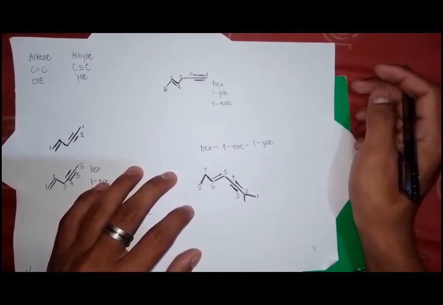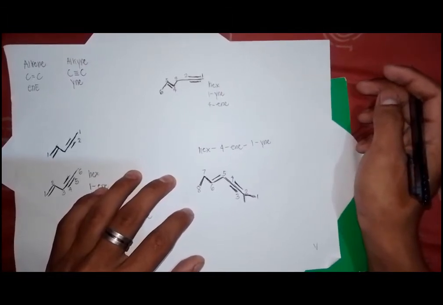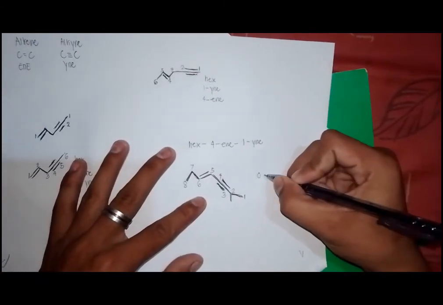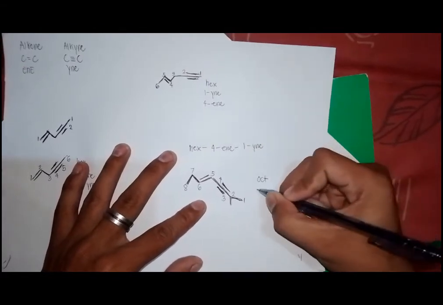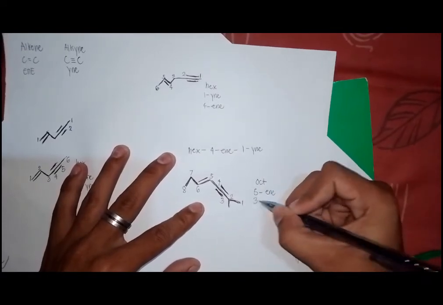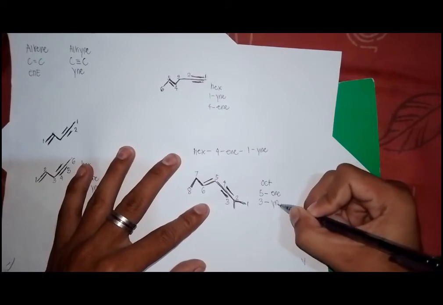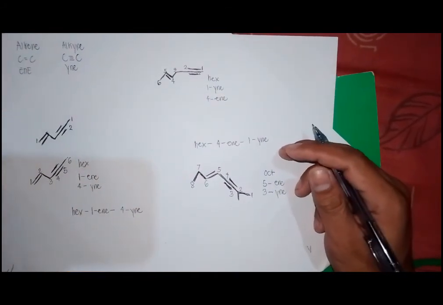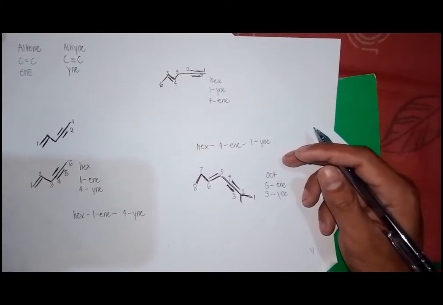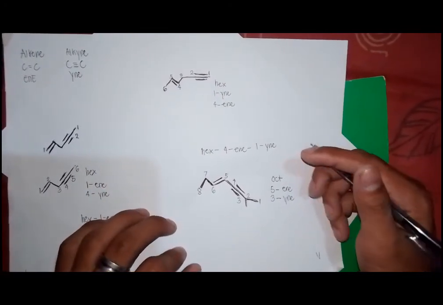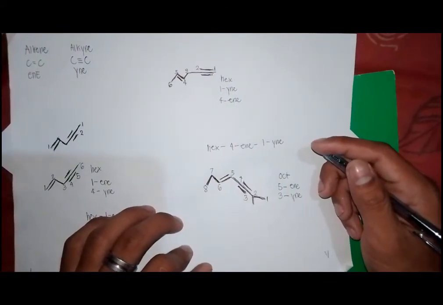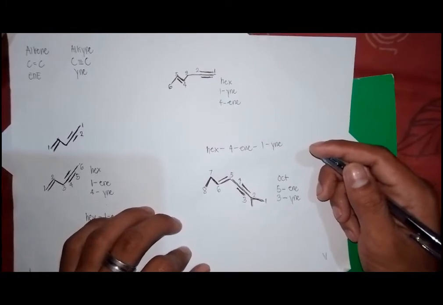I have a double bond on carbon 5 giving me a last name of 5-ene. Also, I have a triple bond going to a second last name of 3-yne, and then we have a methyl group on carbon 2 giving me the prefix 2-methyl.